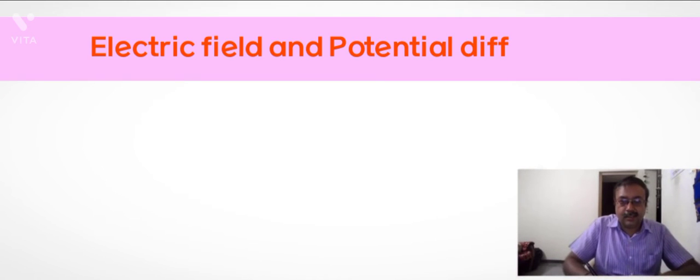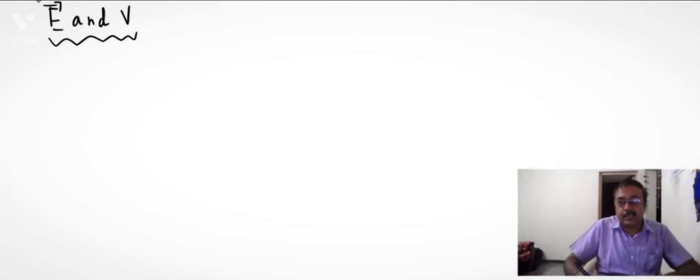Now, the agenda for this particular video is going to be very simple and straightforward. Here, we are going to attempt to derive a relationship between electric field, which is a vector quantity, and thankfully, electric potential, which is a scalar quantity. Why did I say thankfully?